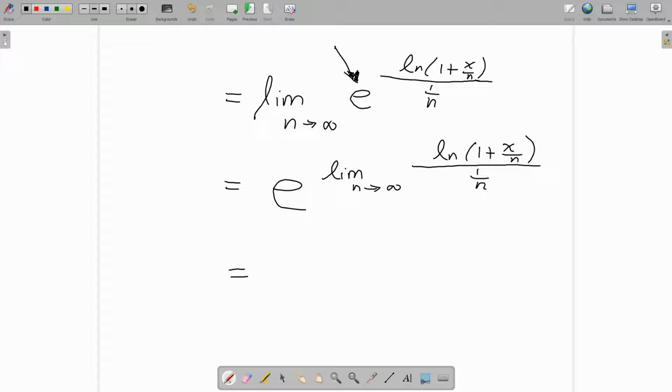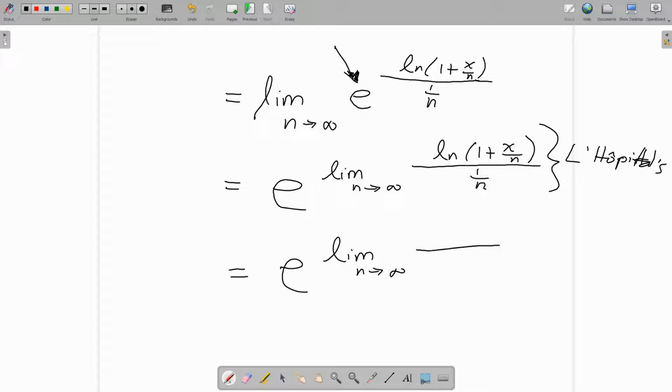Now, we can apply here L'Hopital's rule. How do you apply L'Hopital's rule? Get the derivative of the numerator. The formula is du over u.